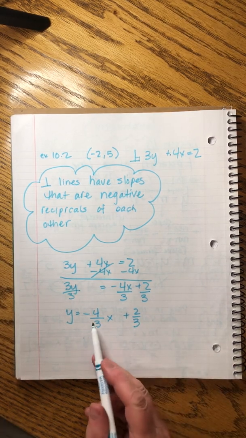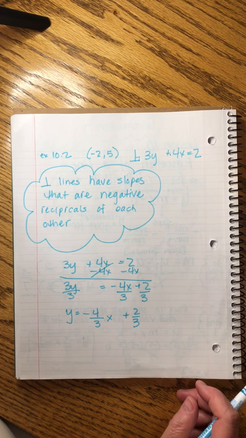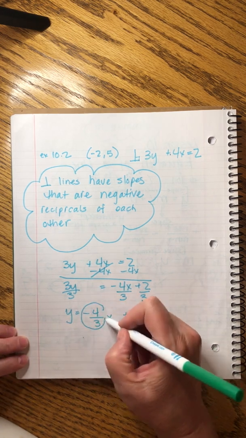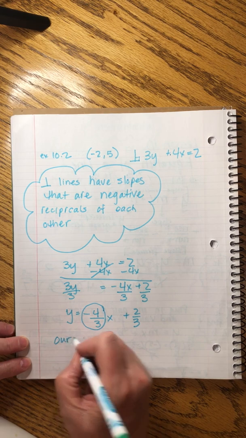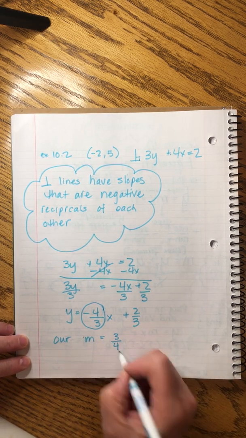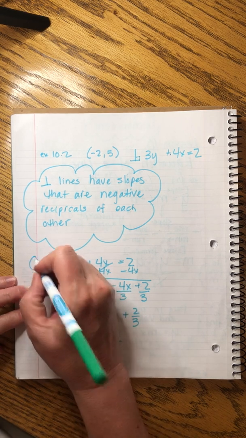Our line, this is the other line, if you will. I put air quotes on that. So our slope, or m, equals positive 3 over 4. Huh, good to know, right? That's so easy. Now, that's step 1.